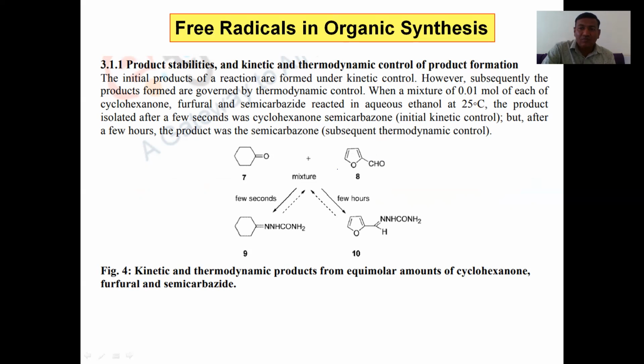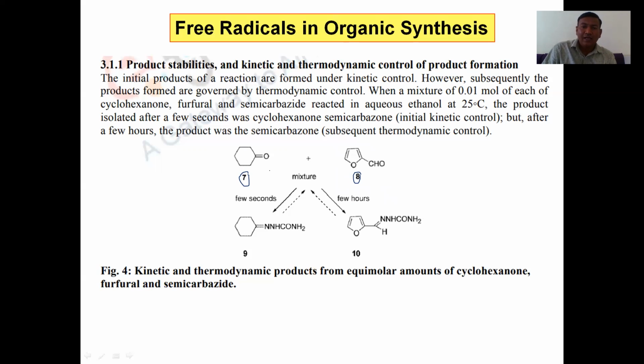When a mixture of 0.01 molar of each of cyclohexanone, see the reaction initially. There is cyclohexanone, which is compound 7, and there is a mixture of this furfural. Actually, this is furan having one aldehyde group on the position, so which is furfural.